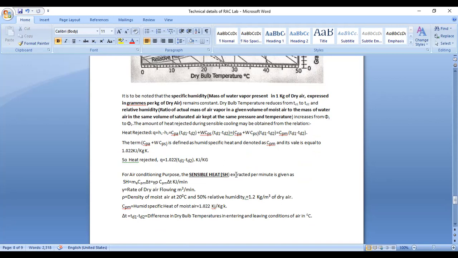For air conditioning purposes, the sensible heat SH extracted per minute is given as SH = m_a times specific heat times delta T = gamma times rho times CPM times delta T kilojoule per minute, where gamma is the rate of airflow in cubic meters per minute, rho is the density of moist air at 20 degrees centigrade and 50 percent humidity, 1.2 kg per cubic meter of dry air, and CPM is the humid specific heat of moist air, 1.022 kJ per kg K.